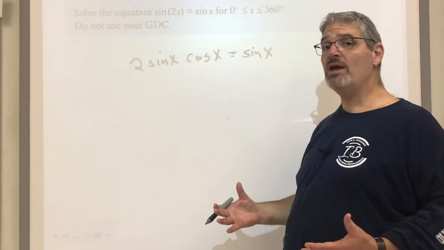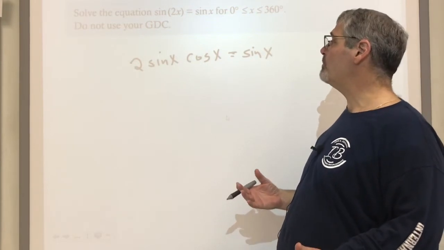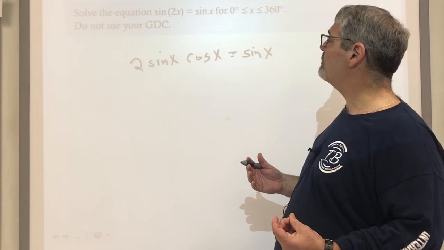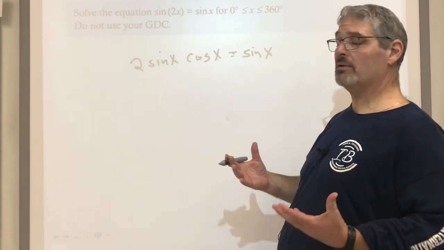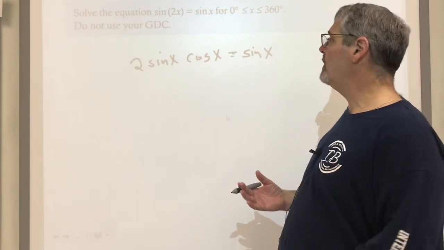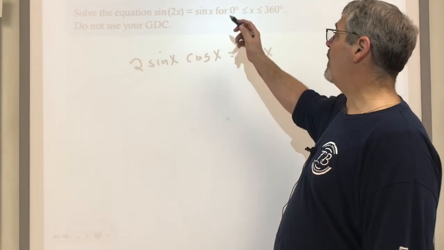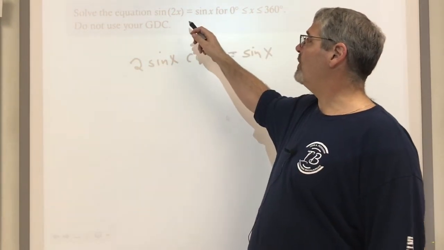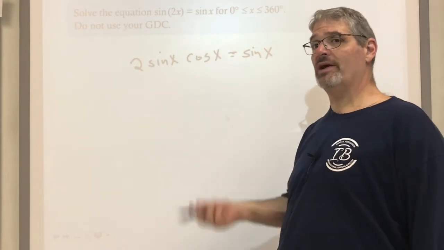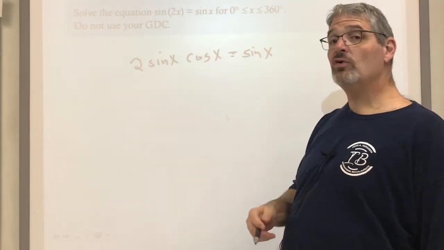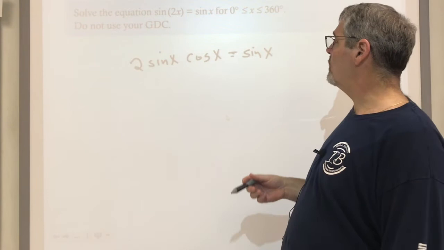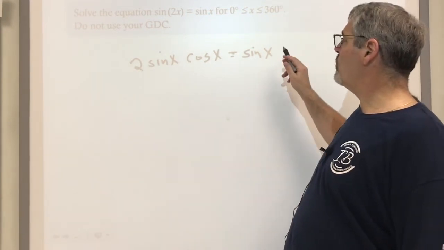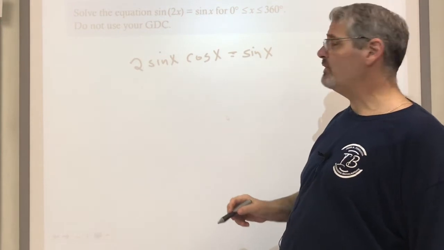Okay, now from here, there are several different ways that you can approach this, and you want to be able to figure out what number this is going to be. In other words, which angle is going to be the same whether I double the angle or don't double the angle. So this is what we have to do. All right, so I'm going to bring the sine over to the other side.